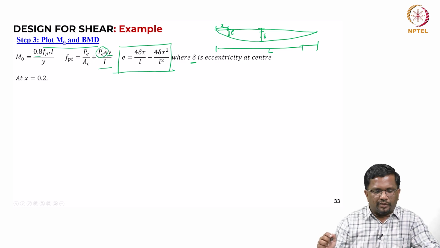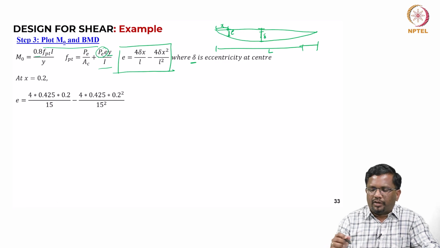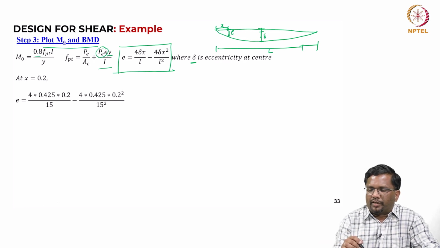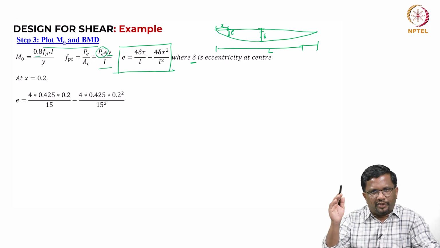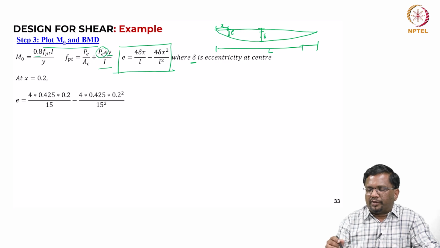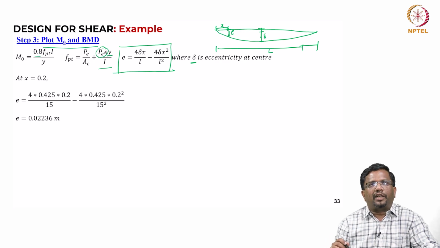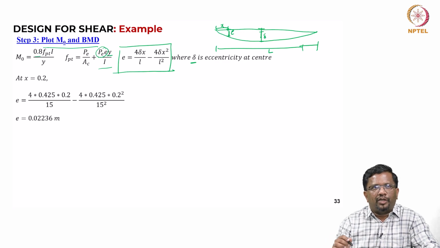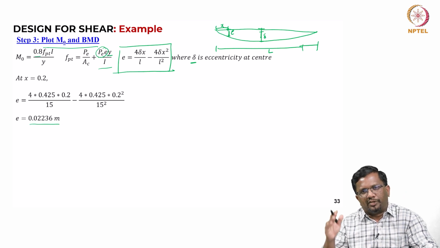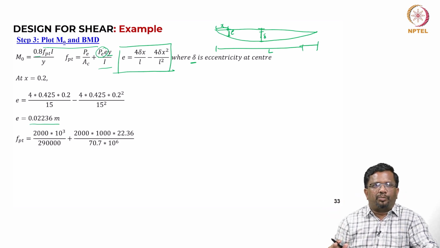At x is equal to 0.2, we can calculate eccentricity as 4 into delta, which is 425 millimeter, the eccentricity at the mid span, times x is equal to 0.2, and then the span is 15. If you substitute that, you get eccentricity at x is equal to 0.2 as 0.02236 meters. It is a very small eccentricity because we are now very close to the support.